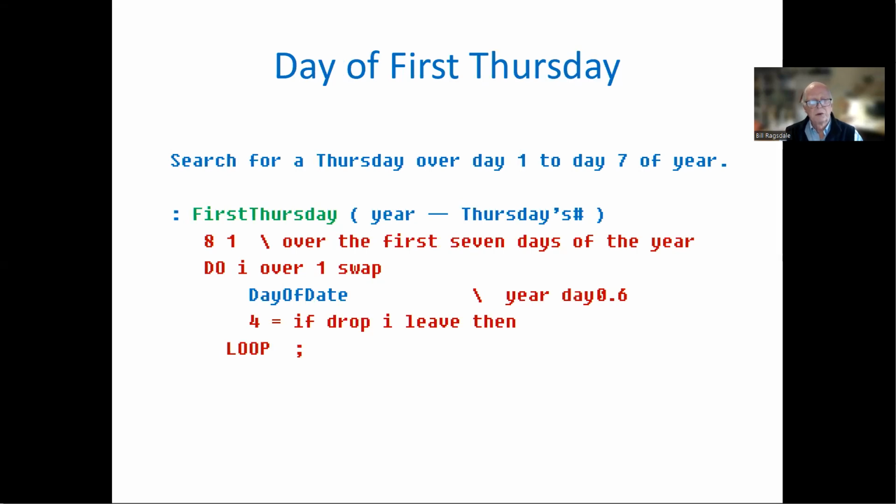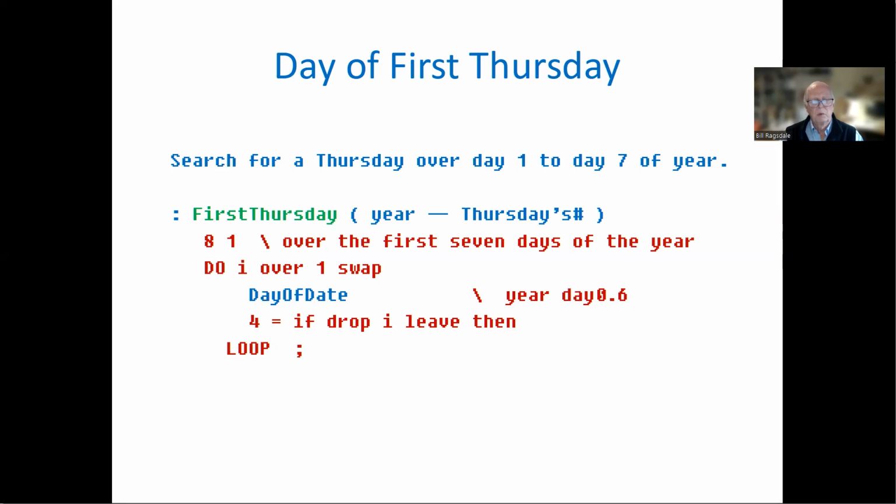Then we need to find the first Thursday of the year. In this case, we know it's in the first week. It's between the first and 7th day of the year. So first we find the day of the date, and then we set up the do loop range and find that day of the date, and we're scanning from 1 to 7, and we're seeing, is the particular day 4?